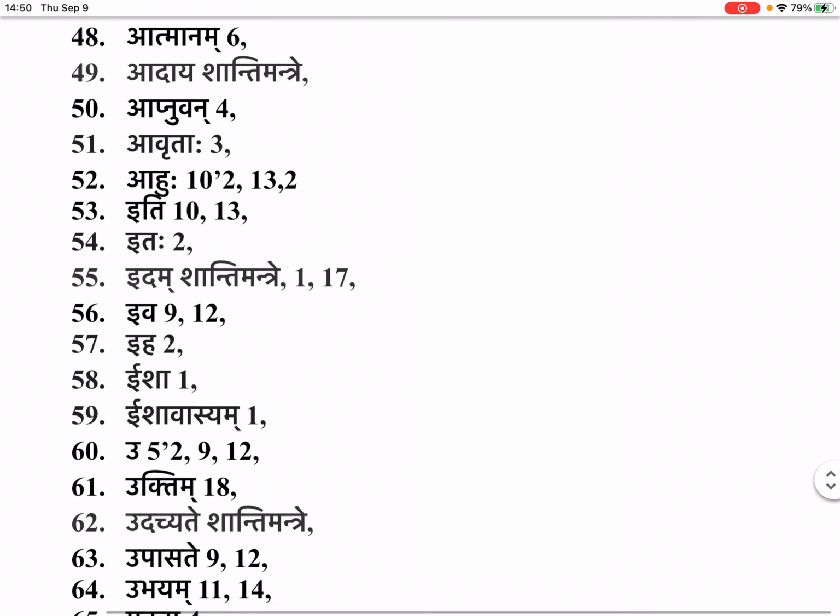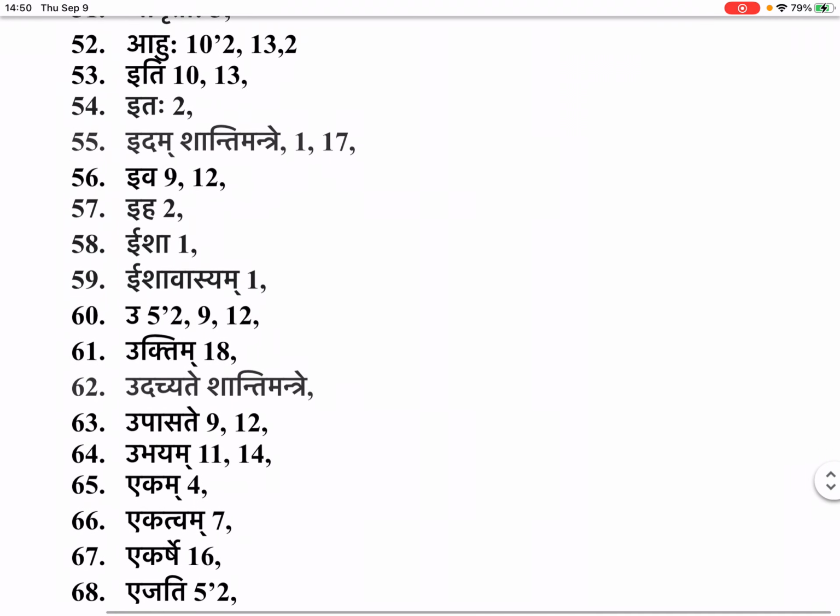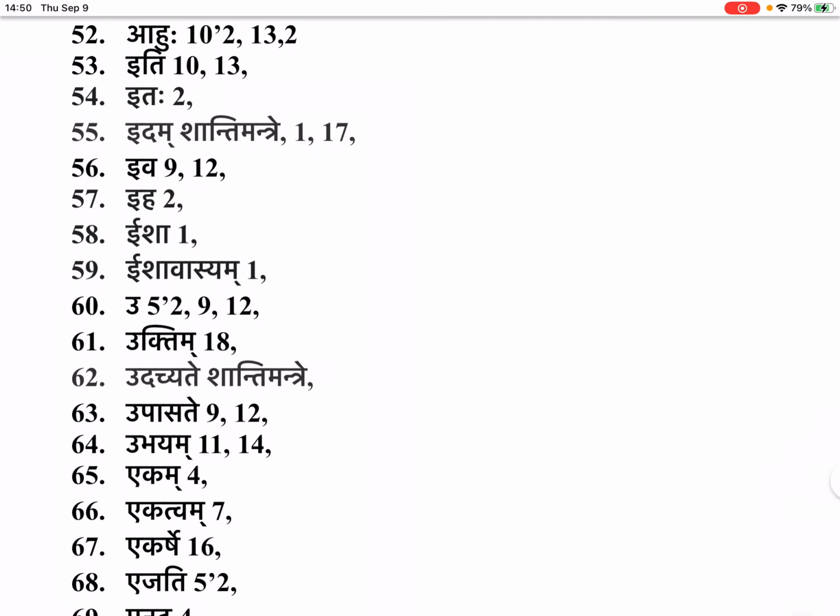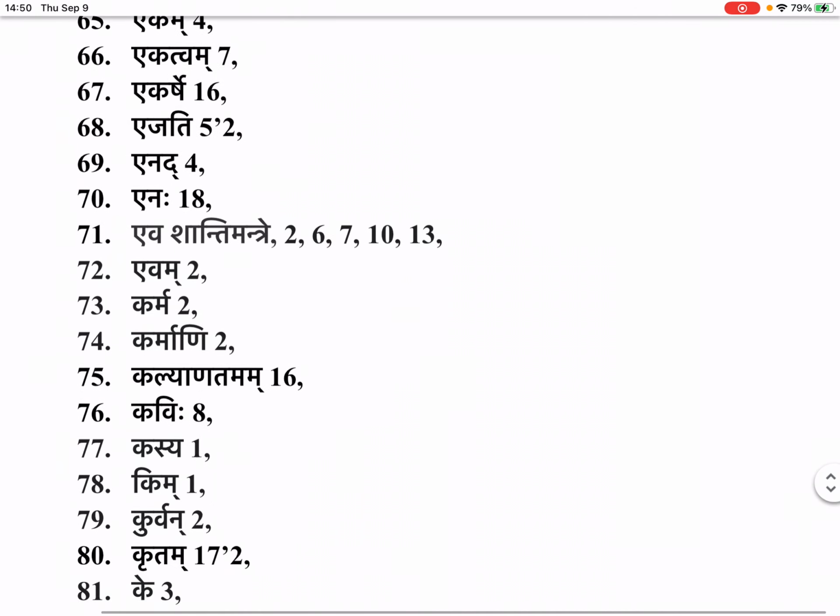Atmanaha, atma, atmanam, adaya, apnuvan, iva, iha, isha, ishavasyam, u, like what I mentioned: 5'2, 9, 12. Uktim, this total frequency is 4. Twice in number 5 and then 9 and 12, so 4 times. Uktim 18, Udachyate Shanti Mantre, Upasate.